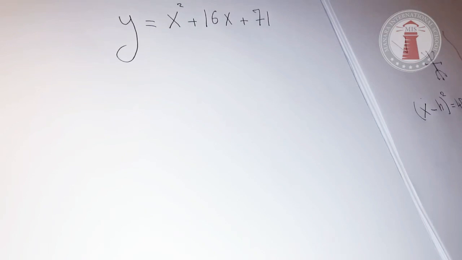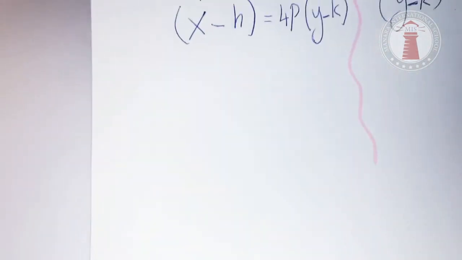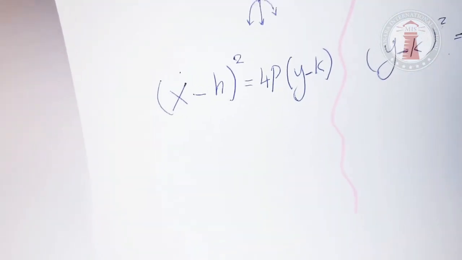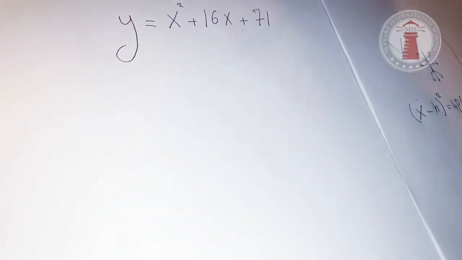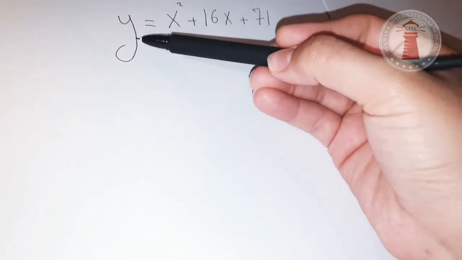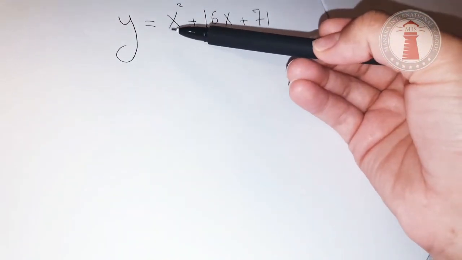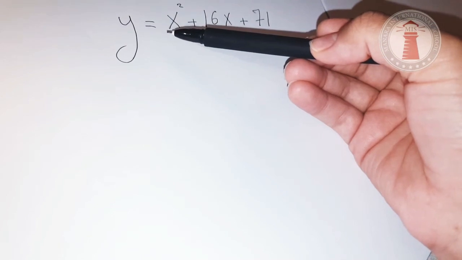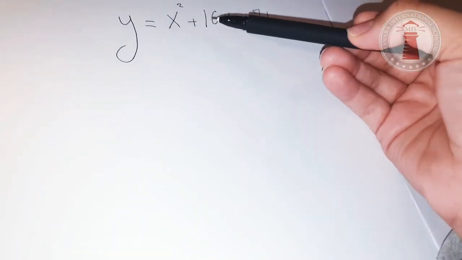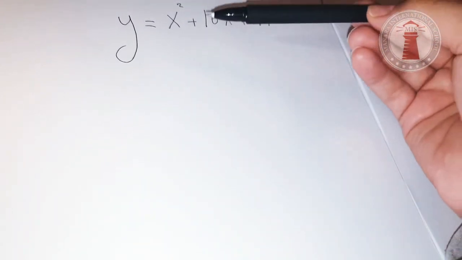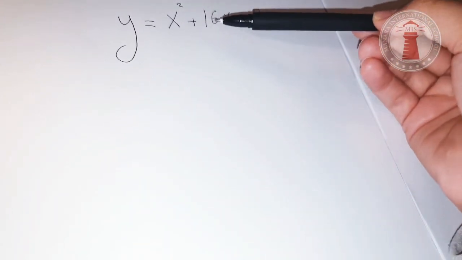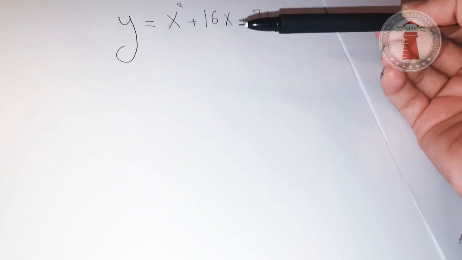So we're just going to change it into the vertex form. Basically, it's the same form, just with some simple change. To change this into the vertex form, we need y with its amount shifted in the y-axis, and x with its amount shifted in the x-axis, which means every variable has to have a constant next to it.